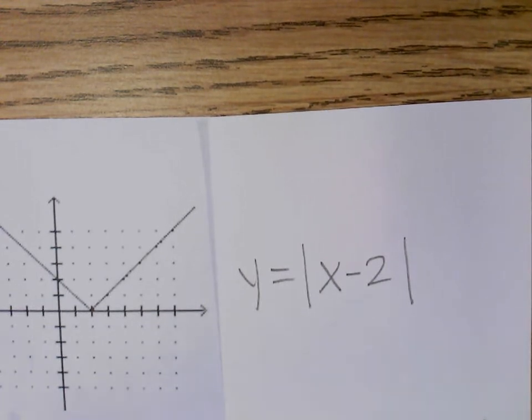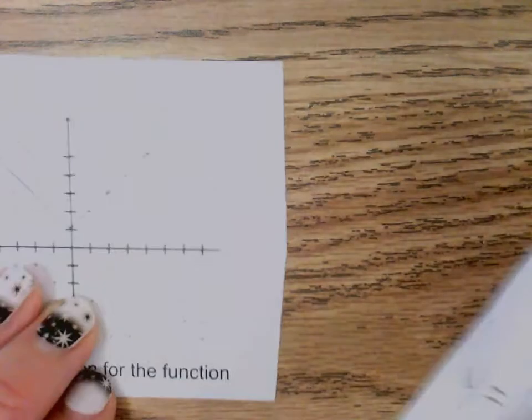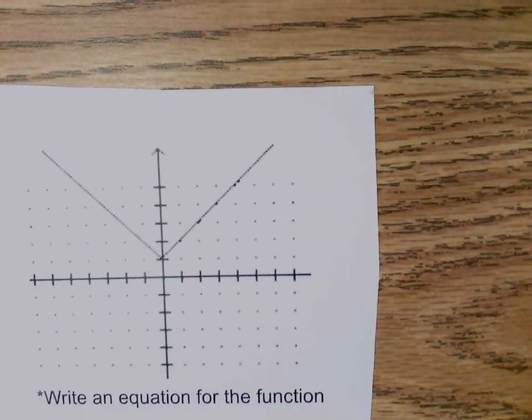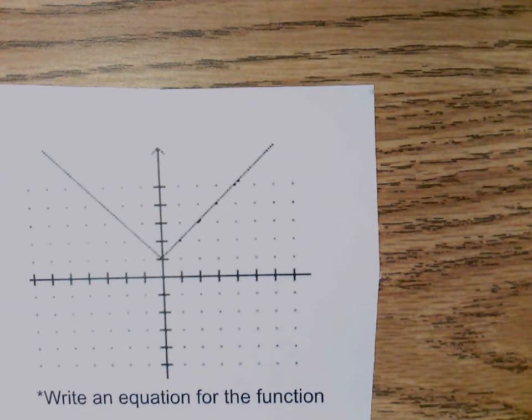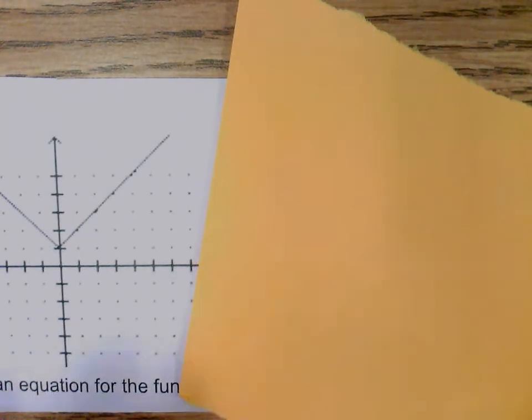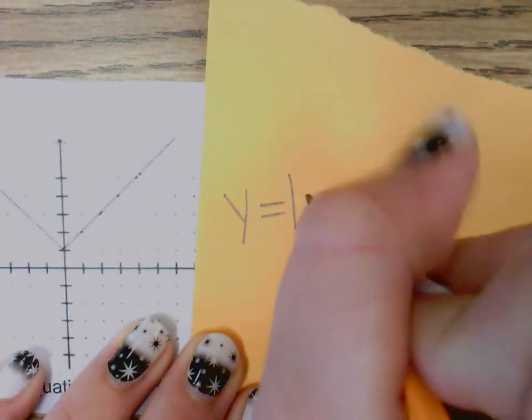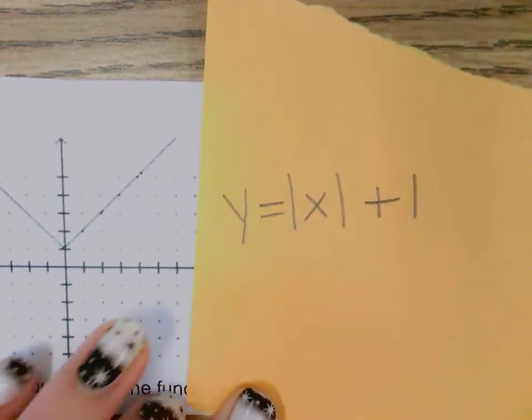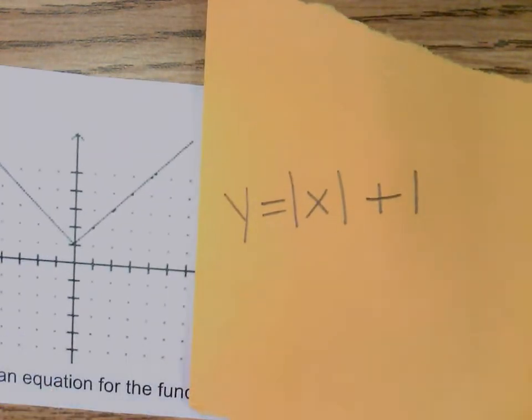So then there's an up and a down somewhere. So let's see. Can I put that one aside? Okay, so why don't you find the up? So here's the up. And the up, this goes on the outside of the function. So it'd be like y equals the absolute value of x plus 1. So the plus 1 goes outside the function.